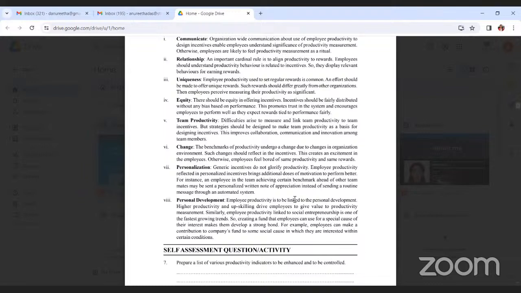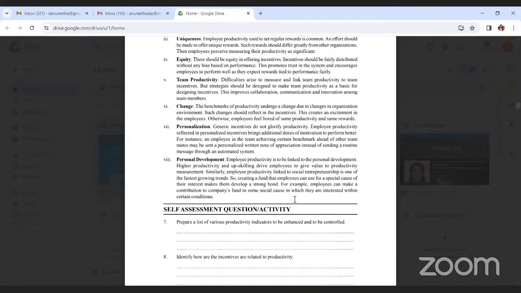Change is having a benchmark to change the organization environment, and to make sure that the employees are enthusiastic to work and they are being rewarded for their work. Personalization is employee productivity reflected in personalized incentives, being additional doses of motivation.